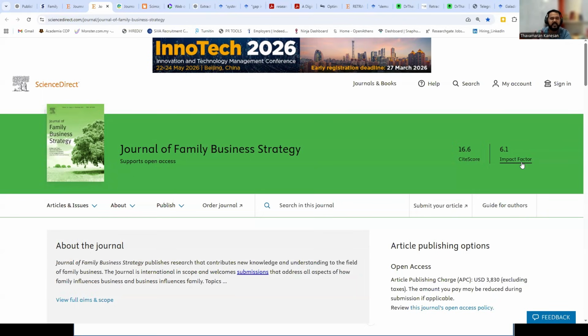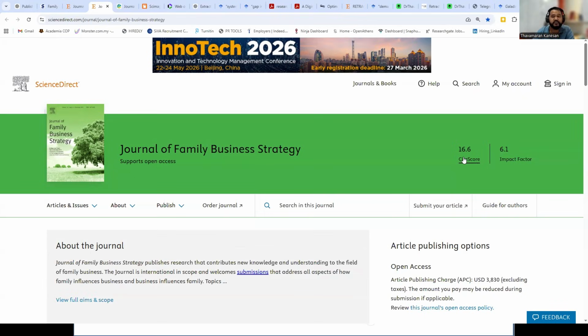You need to pay. Without IIUM access or your university access, you cannot access those journals, right? Same thing goes for AI. That's why AI is limited in research information, especially academic research, because they cannot read or train with those papers. Very unfortunate. Same goes here. All this indexing, impact factor, everything is behind the Scopus paywall and behind the Web of Science Clarivate paywall. So AI cannot access.